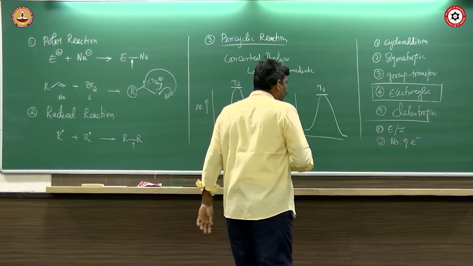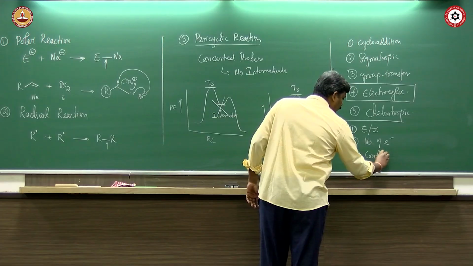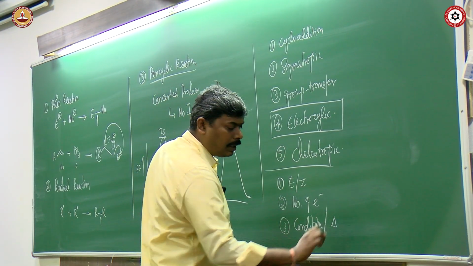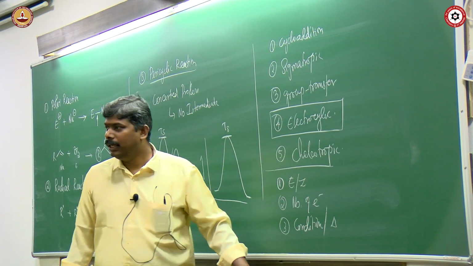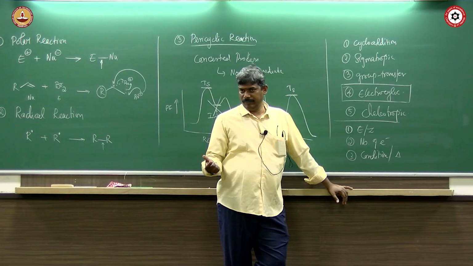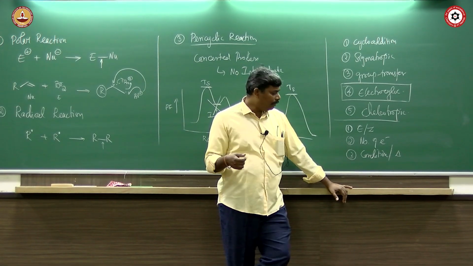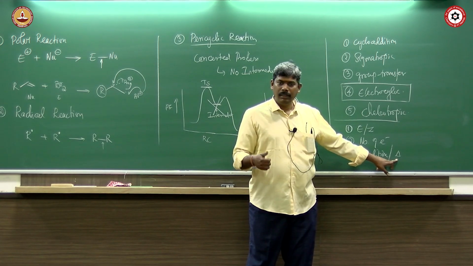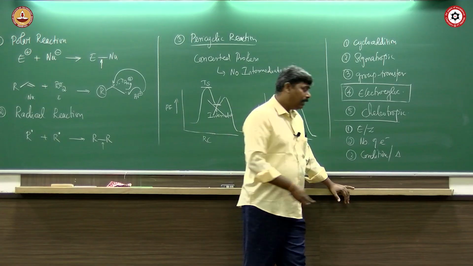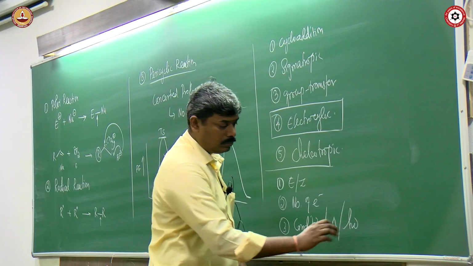And third, which you would control, is the condition, which means whether you are performing the reaction under thermal conditions, which we generally represent as heat, or delta, or by saying thermal conditions. The other one is photochemical, or light.